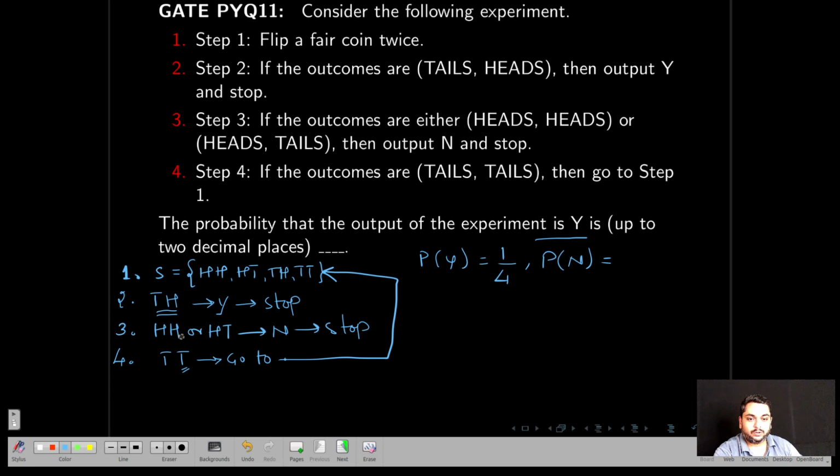So 2 out of 4, HH or HT, that is 1 by 2. Then last step, probability of, let us say, repeat, represented by R. It is again TT, that is 1 by 4.